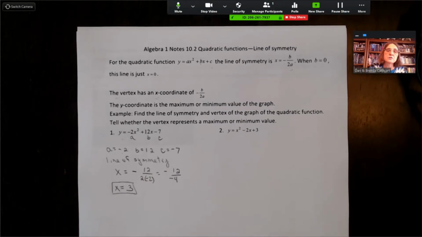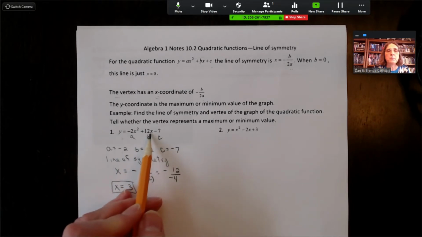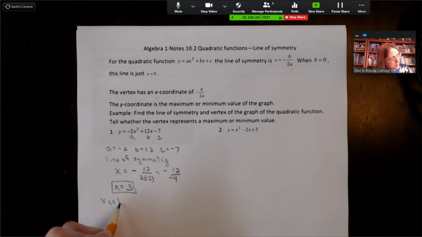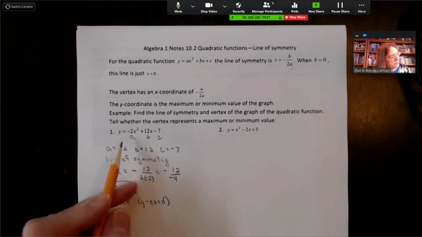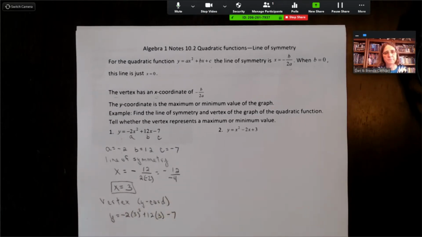The vertex is going to be on that line of symmetry. So I'm going to use 3 for x, and I'm going to find my y coordinate when x is 3. So to find the vertex, the y coordinate, I'm going to use x equals 3. So y equals negative 2 times 3 squared plus 12 times 3 minus 7.